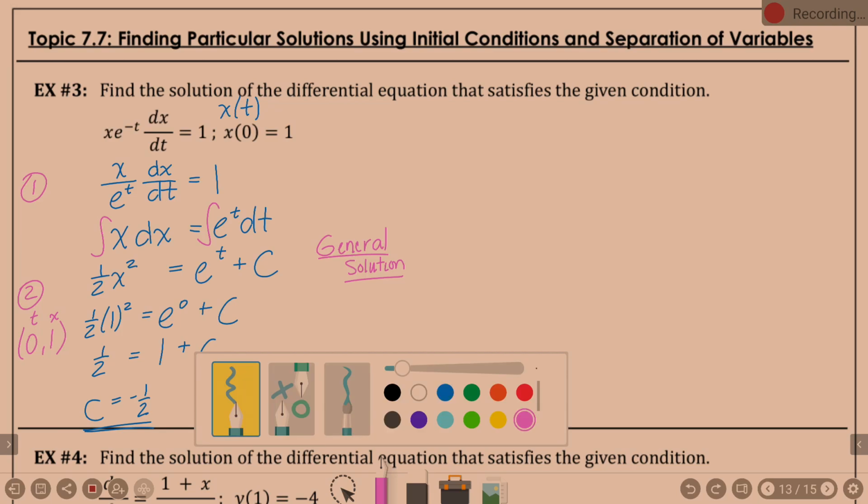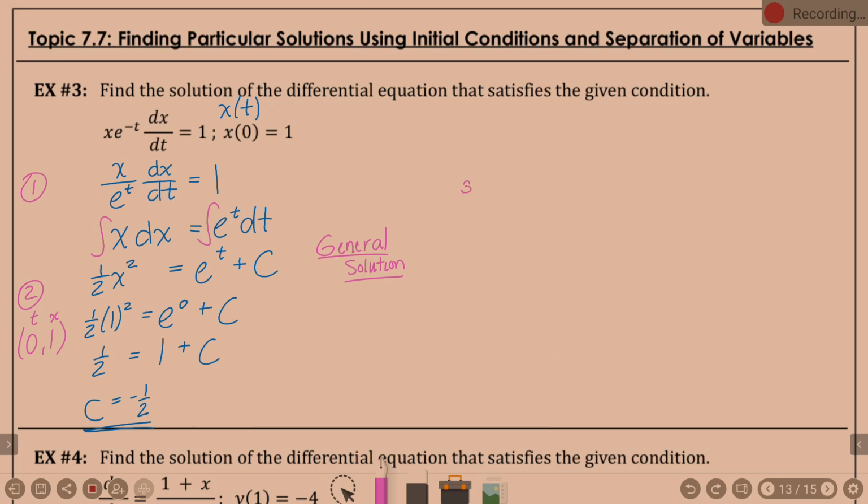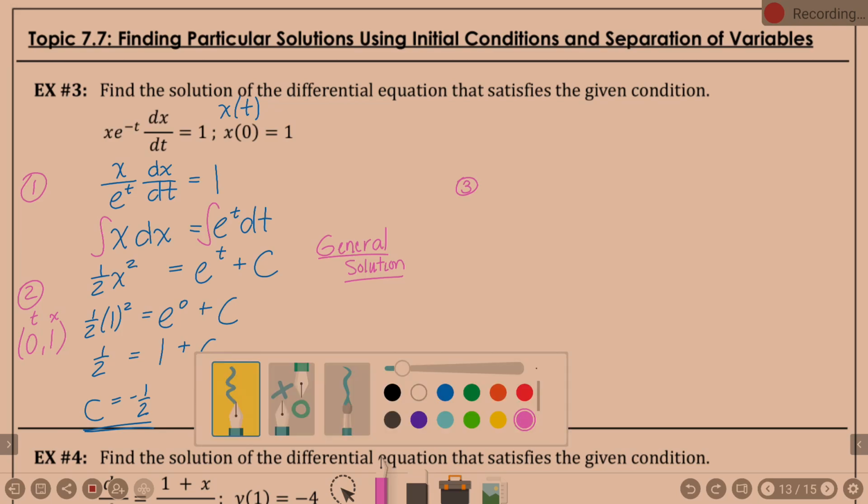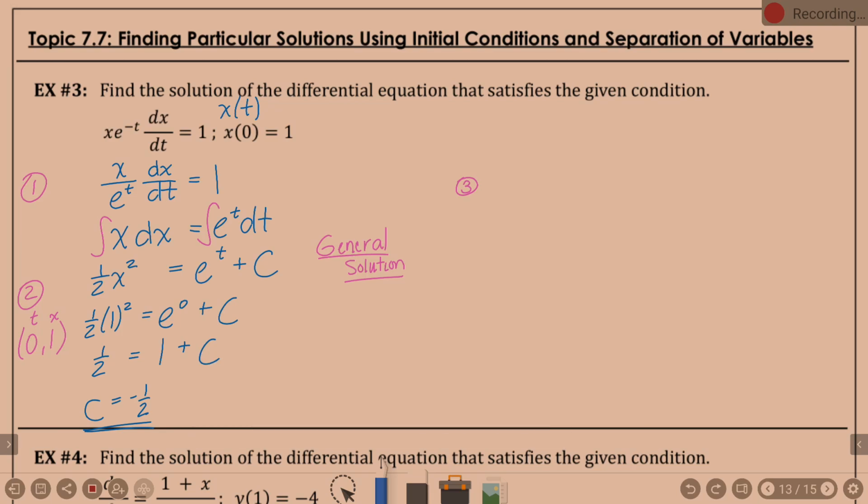So then step 3 is basically putting this together. We had our general solution of 1/2 x squared equals e to the t plus c. What did we just say c was? Minus 1/2.